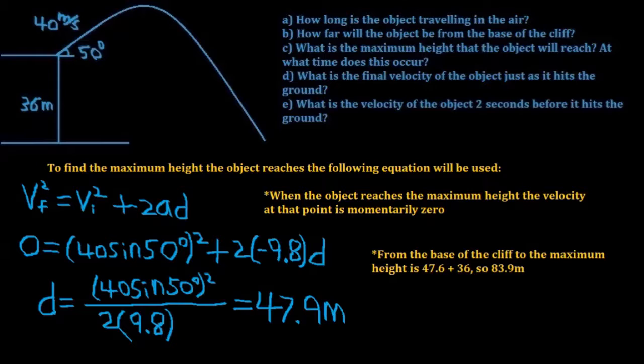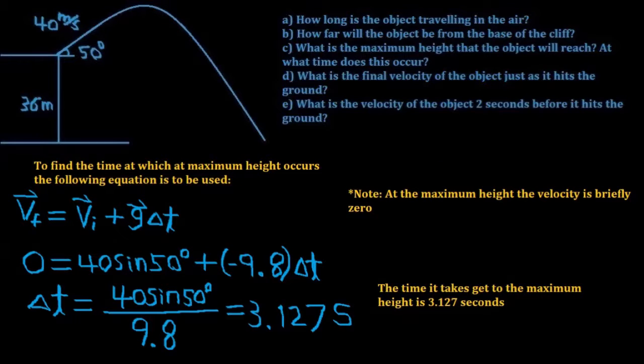If you're looking from the base of the cliff to the maximum height, you have to add the 36 meters, which gives you 83.9 meters. Now, when does this occur? When does the object reach the maximum height?